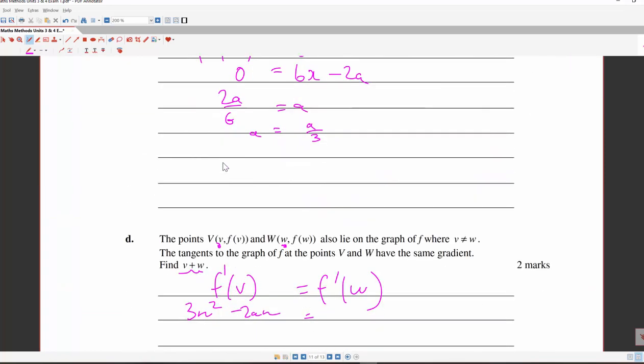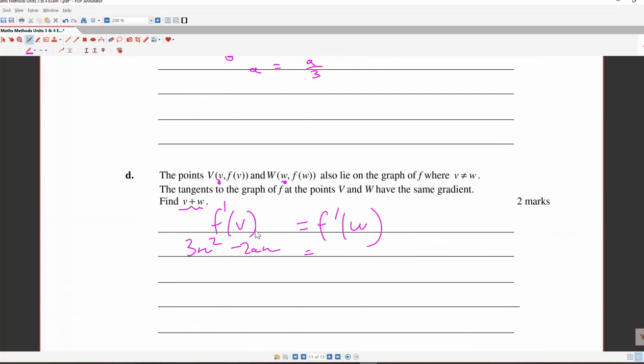It's not n, it's f dash of v. What am I doing? Okay, 3v squared take away 2av, and this one is going to be 3w squared take away 2aw.